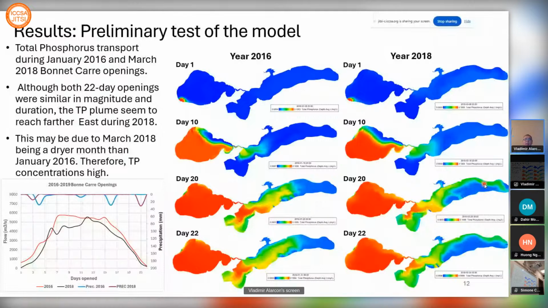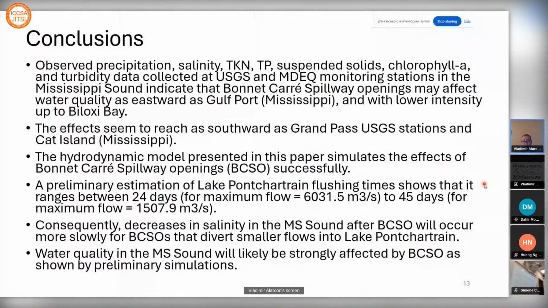So I think as conclusions, we can say that studying the observed water quality data and salinity data allowed us to generate a good hydrodynamic model that is able to replicate flushing times reported in the literature, and also simulating total phosphorus transport throughout the Mississippi Sound that is similar to what was reported by observed data.